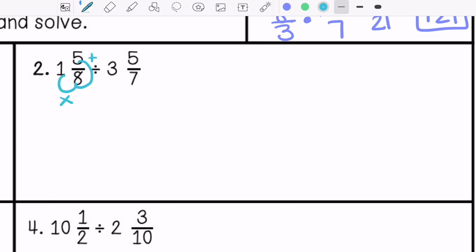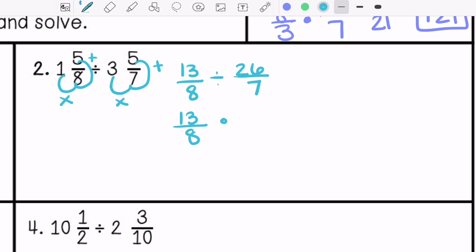All right, so 1 times 8 is 8, plus 5 is 13. Actually, I'm going to write it over here. 13 over 8 divided by 3 times 7 is 21, plus 5 is 26 over 7. Then we are going to keep, change, flip.